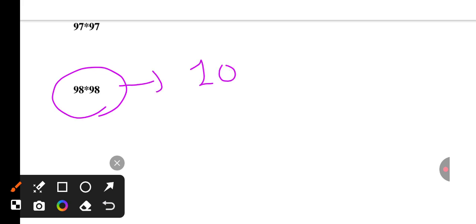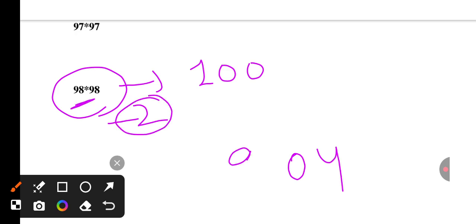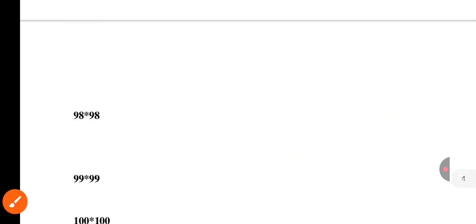Next, 98 square. Compare with 100. How much is it? 2 less. 2 square is 04. Okay, 98 minus 2, it is 96, 9604. Next, okay, 98 over, 99. Okay, how to calculate 99 square?